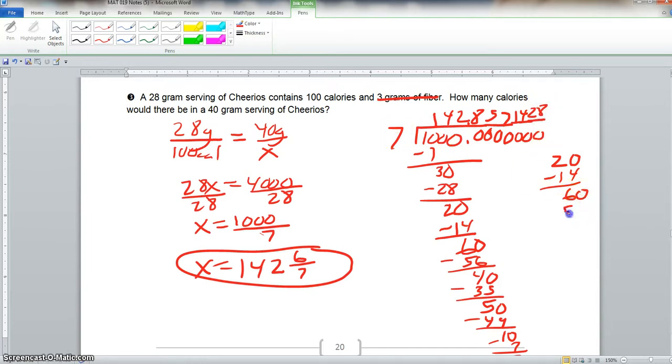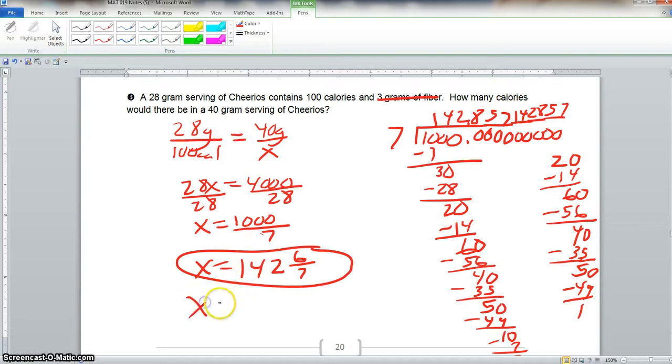8 times 7 is 56. And then we will have 4. We will add another 0. It'll be 40. 7 goes into 40 five times, to be 35. Add another 0. 7 goes into 50 seven times. And we'll end up with 1, and we'll go through the cycle of 10 all over again.